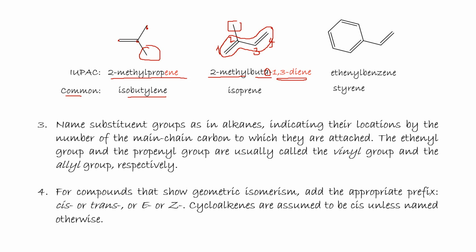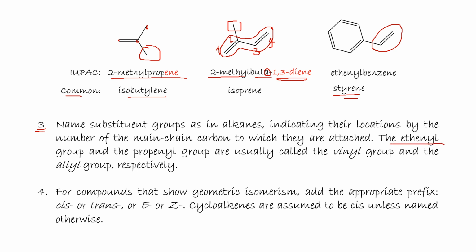Okay, in here you have ethenylbenzene, or styrene as a common name. Number 3, name substituent groups as in alkanes, indicating their location by the number of the main chain carbon to which they are attached.